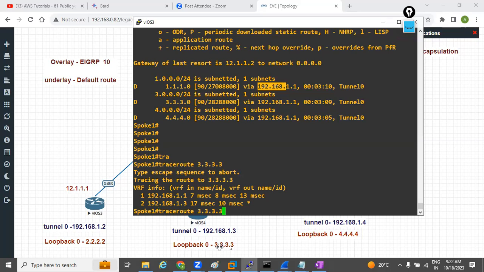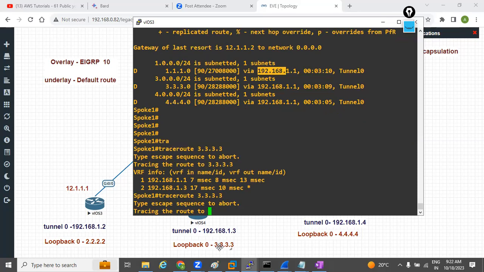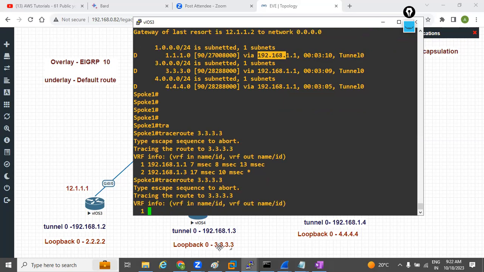And this was the first packet. Now the second, directly to it.